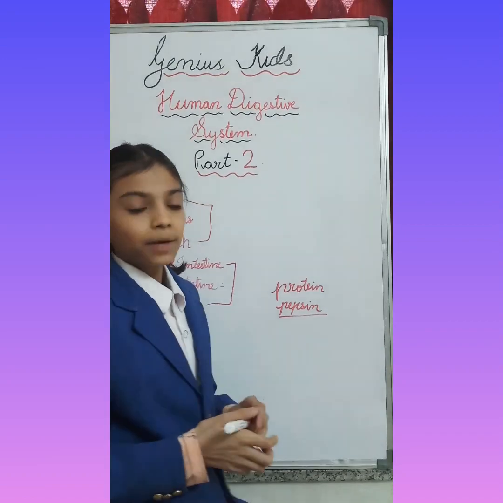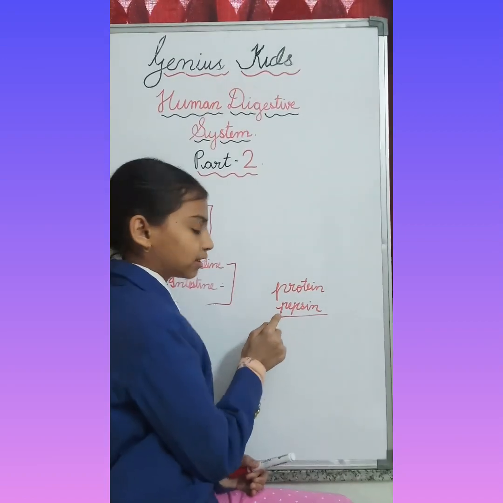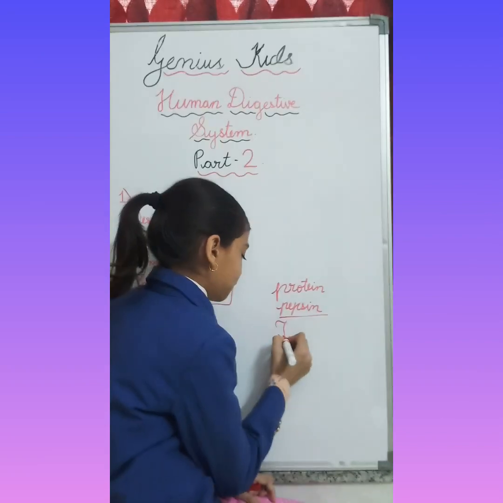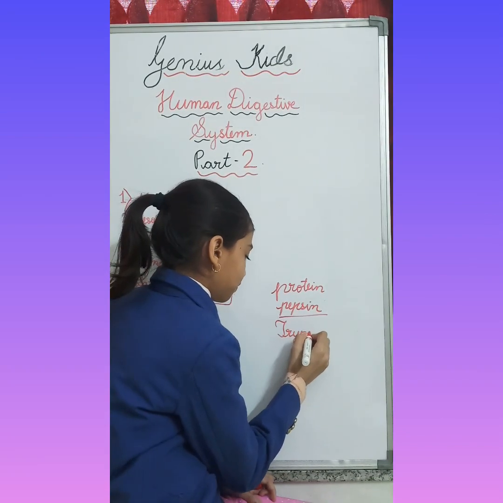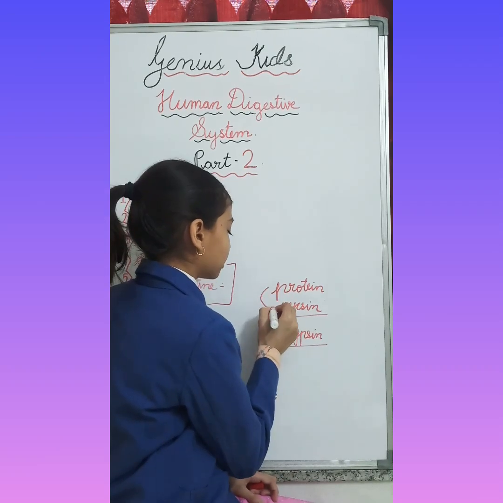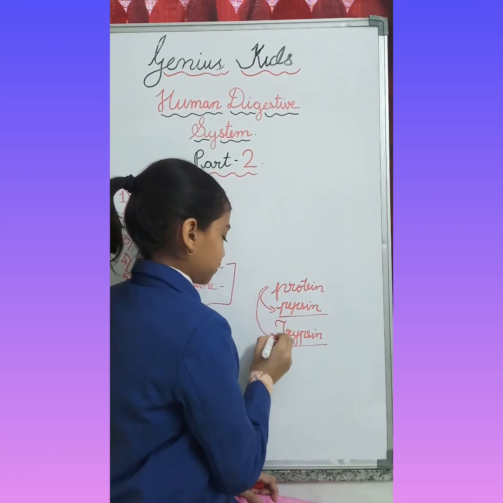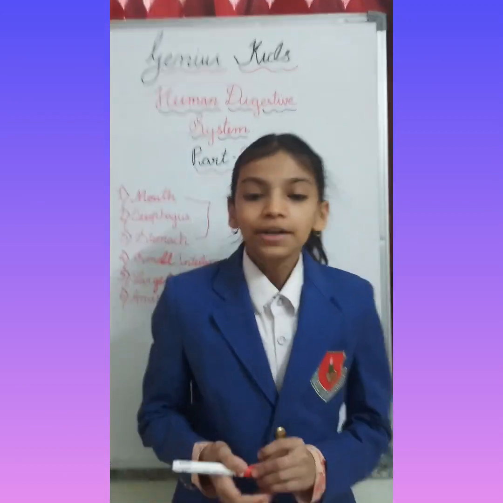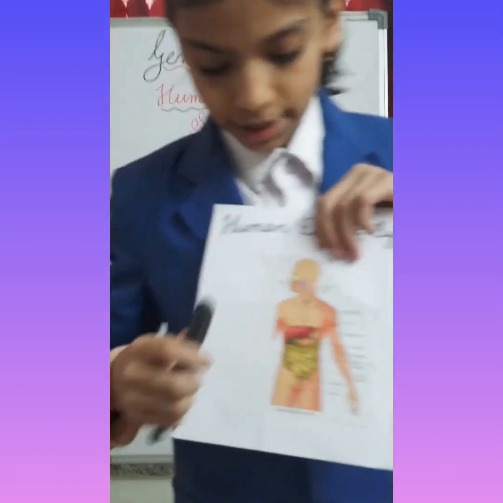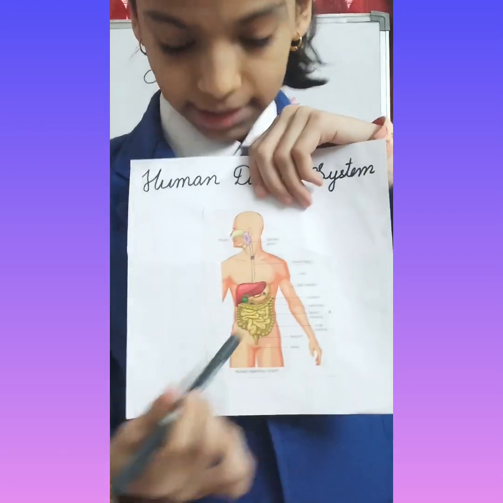Now the protein which is not digested by the pepsin, that is digested by the trypsin. So then now this was released by what? This was released by the pancreas.